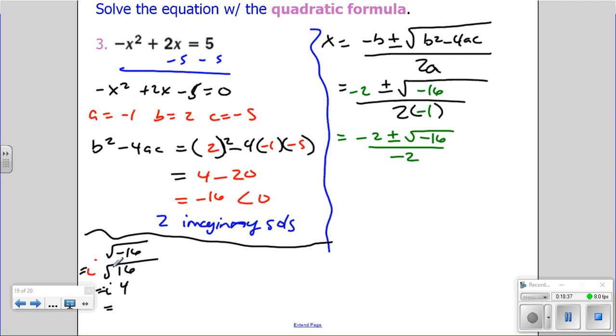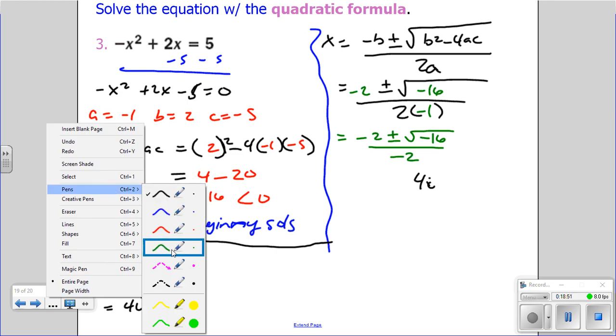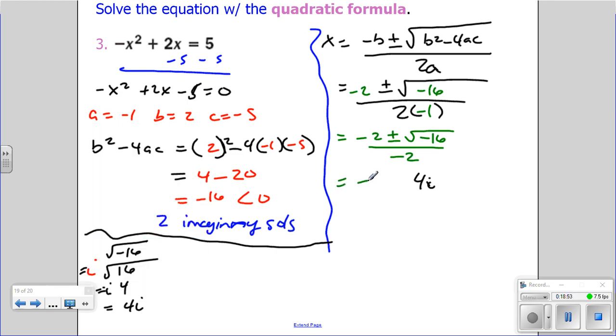So the square root of -16 is 4i. So let's put that in the problem in place of square root of -16. Okie doke.